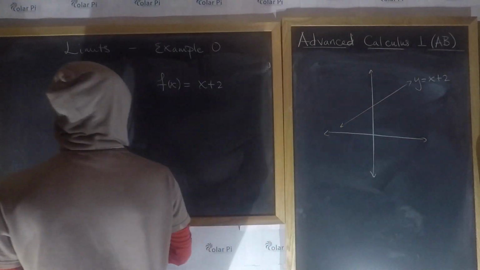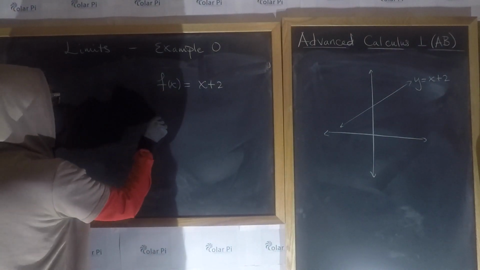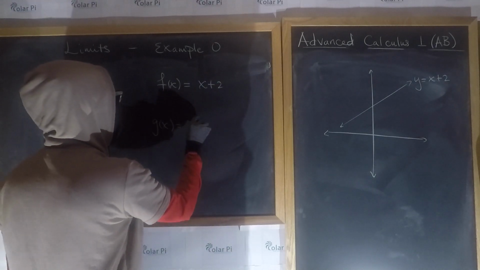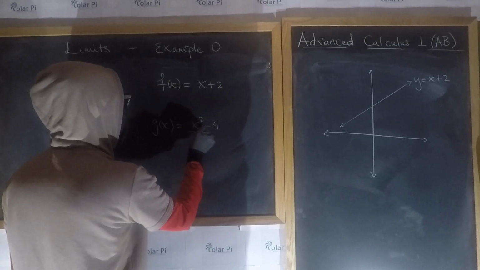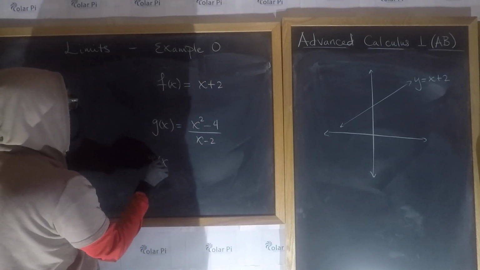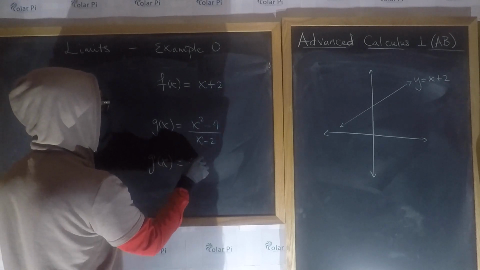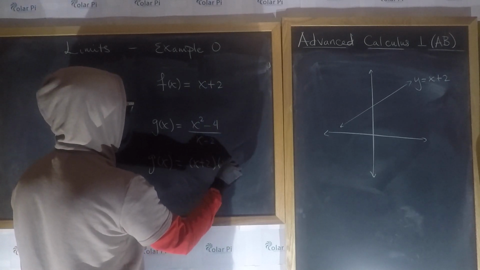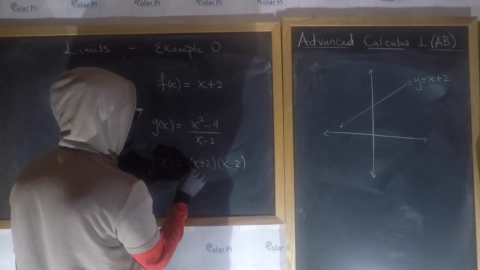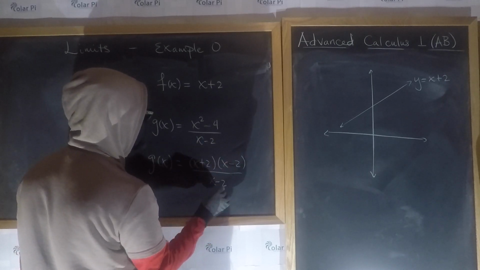Okay, now I create a function g of x, and I say g of x is x squared minus 4 over x minus 2. Clearly g of x is equal to x plus 2 times x minus 2 over x minus 2.